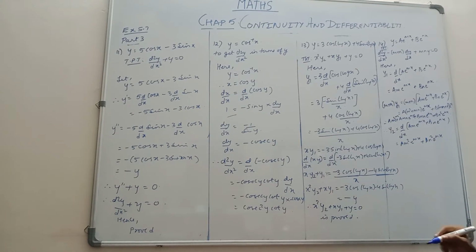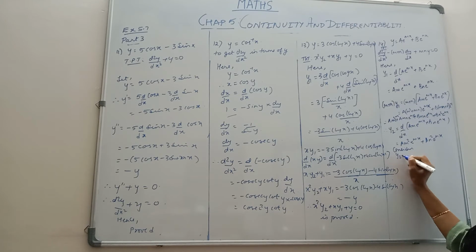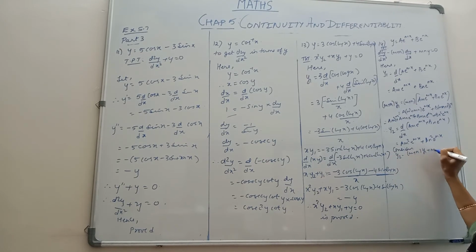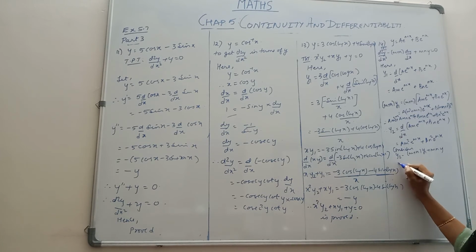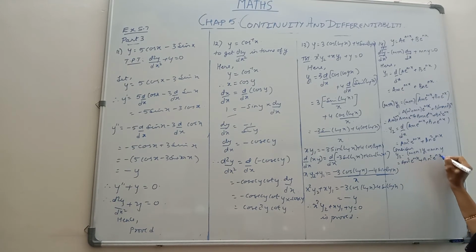Now we will take what? Consider y2 minus m plus n times y1 plus mn y. So y2 is a m squared e raised to mx plus b n squared e raised to nx.